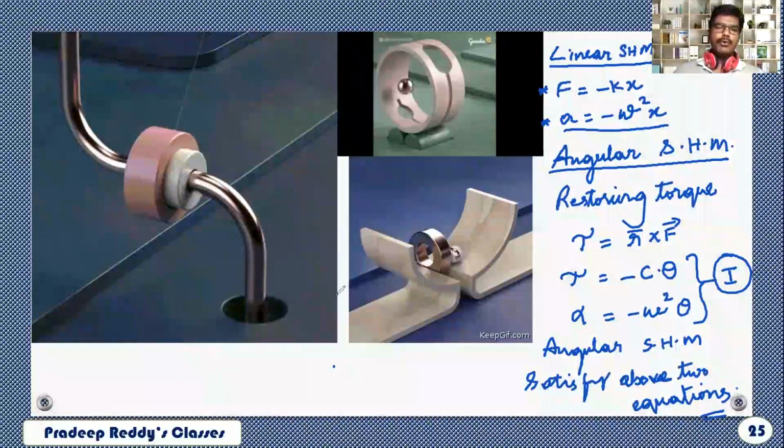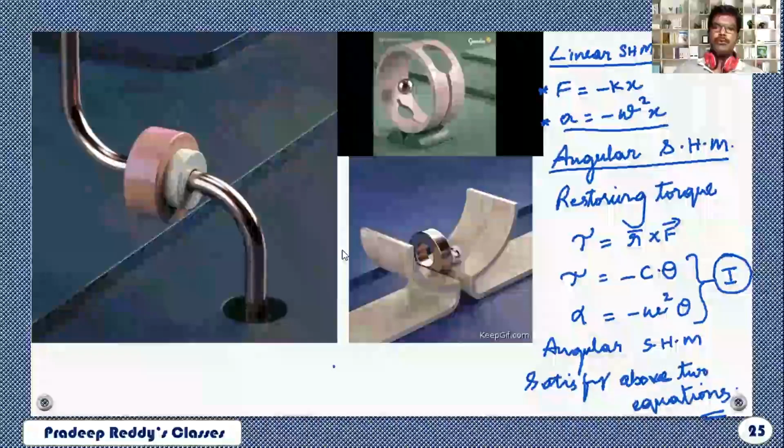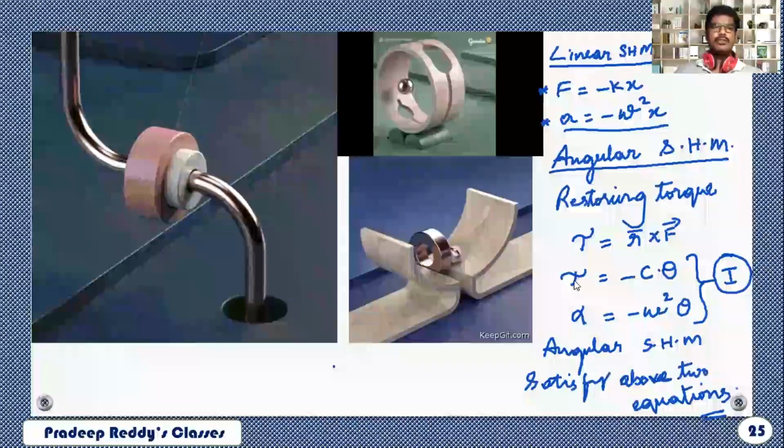In order to prove that any motion is angular SHM, you need to prove any one of these equations, either torque tau is equal to minus C into theta, or you can prove alpha is equal to minus omega square into theta.